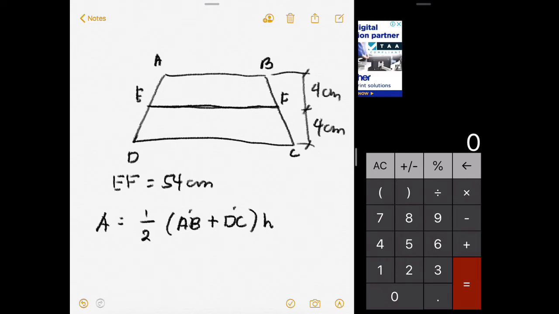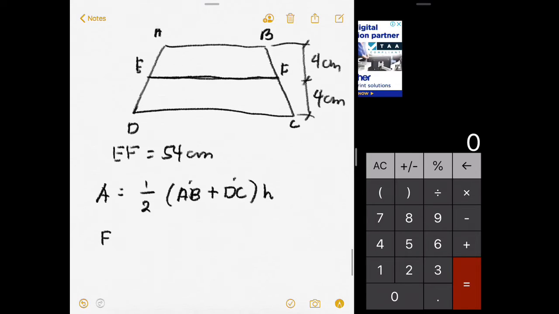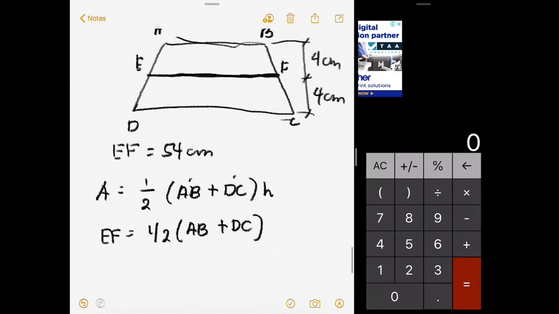Ngayon, since given yung si EF daw, siya ay 1/2 ni AB plus DC. Bakit? Kasi average siya ng AB plus DC, yung pinaka-midpoint niya, provided na trapezoid yan. Therefore, pwede mong i-substitute si EF.